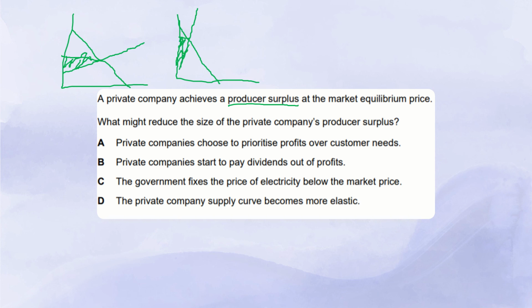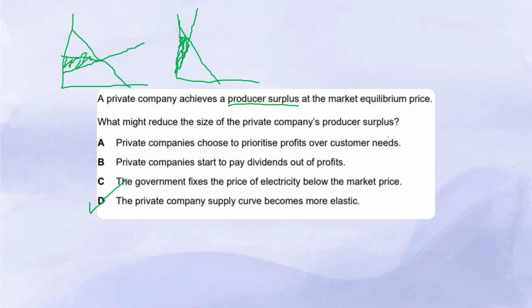So the area of the producer surplus is more. This means if the supply becomes more elastic, the producer surplus will fall. So according to this, the correct answer should be D.